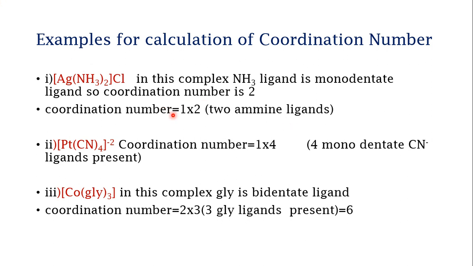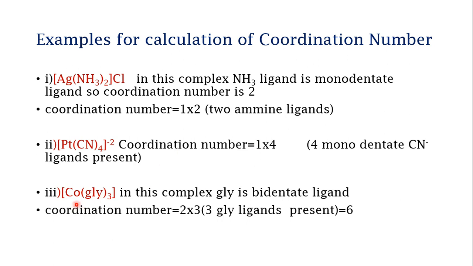So the coordination number is 1 into 2, which is 2. Consider the example [Pt(CN)4]2-. CN is a monodentate ligand, and there are 4 monodentate ligands present, so the coordination number will be 1 into 4.